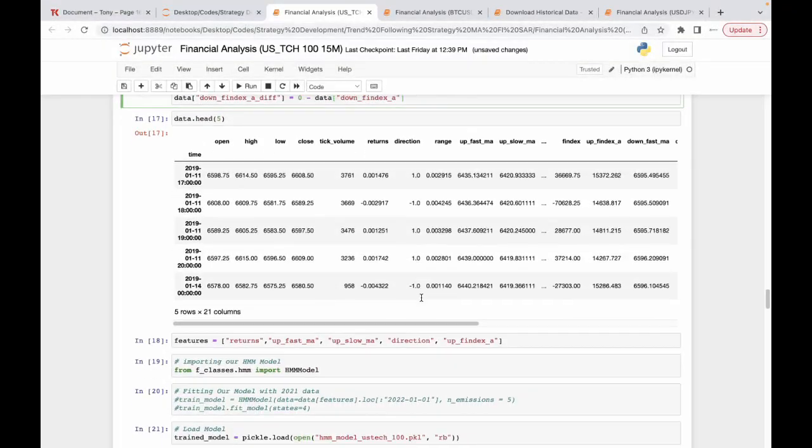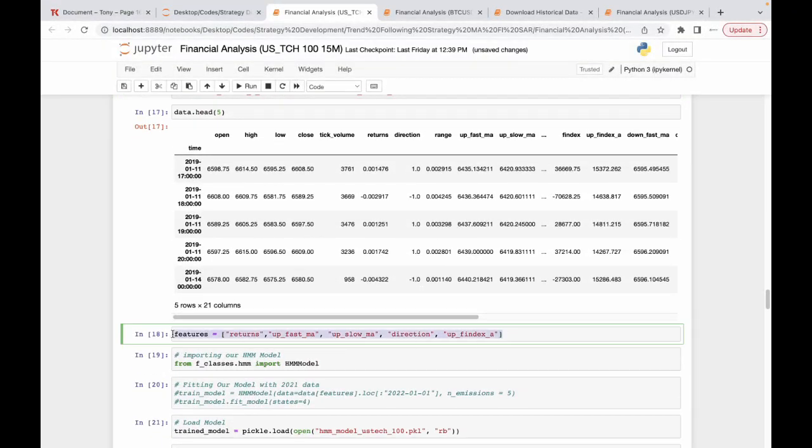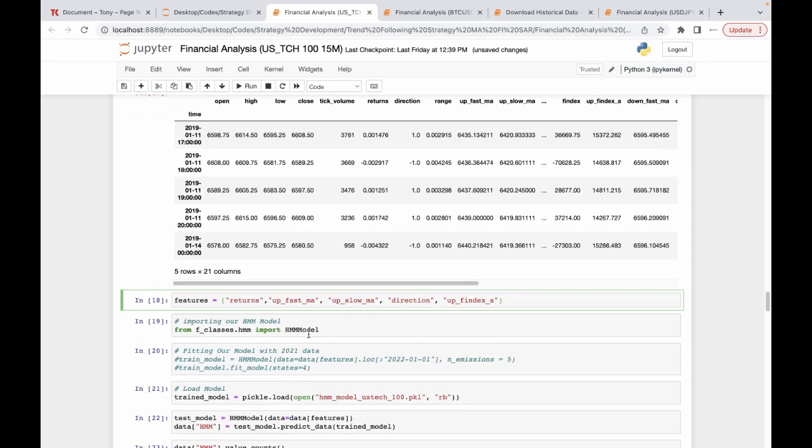So next up here, we added our features. For the features, we added our returns, our fast moving average, our slow moving average for the buy condition, and then we added the direction as a feature. And then we also added the average force index for the uptrend. And then we imported our HMM model class.